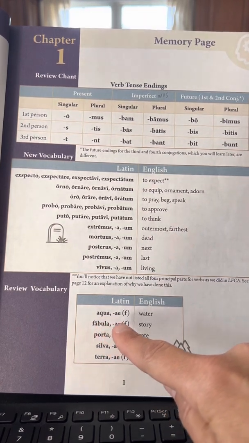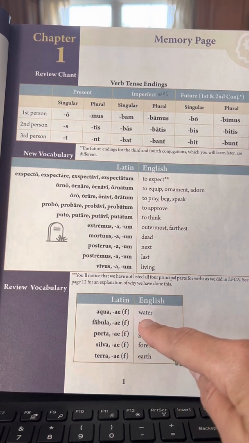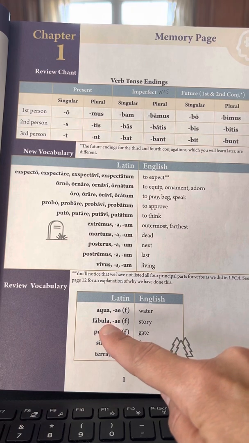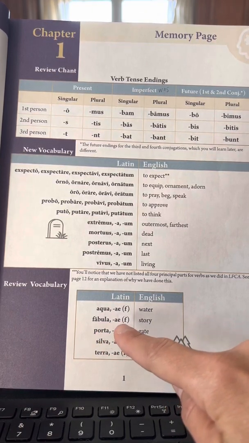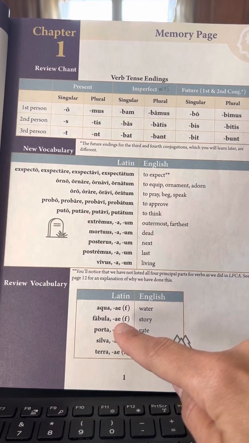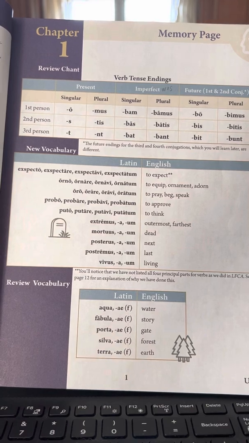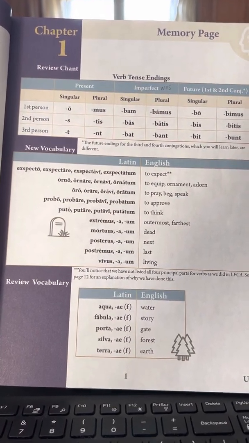And if I say aquae, then I'm talking about a plural form of the word water, so waters. If I say fabula, I'm talking about one story. If I say fabulae, I'm talking about lots of stories, and so on, right? So that AE ending makes that noun plural.